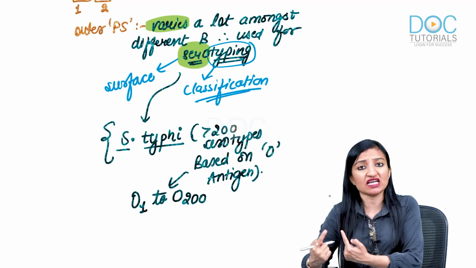So what we have done, we have classified S. typhi into different serotypes based on the surface antigen called the O antigen. So this is just one example of serotyping, keeping in consideration the structure of the O antigen. Remember, this is really important, the somatic antigen or the O antigen. All right, and the lipid A part is the toxic part.